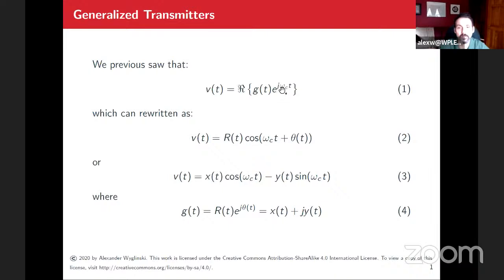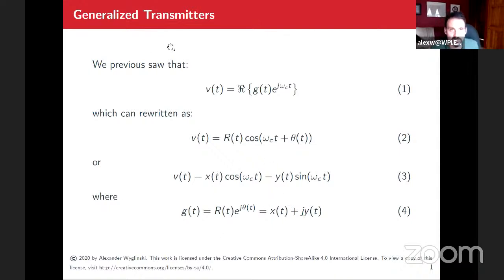Then we modulate it to a carrier frequency omega c t, or it could also be 2 pi fc t, depending on whether your representation of frequency is f or omega. Then, from there, we have one of these two representations.